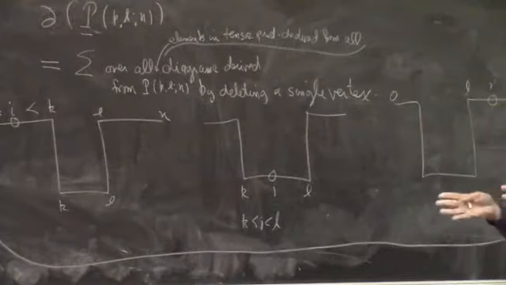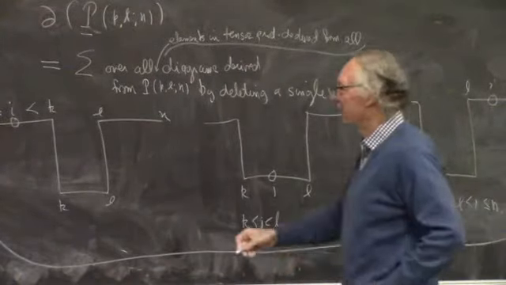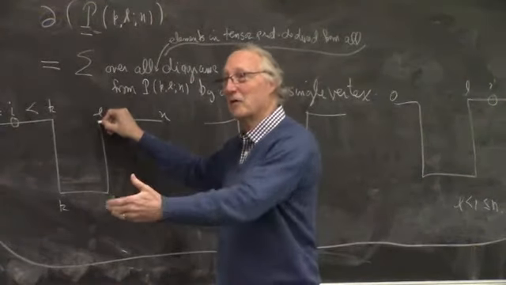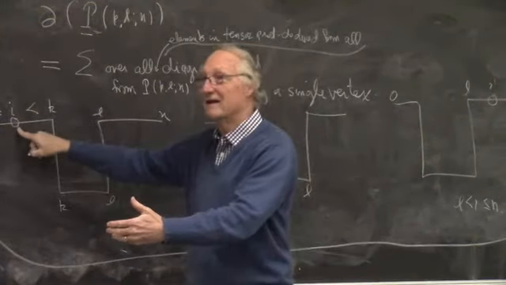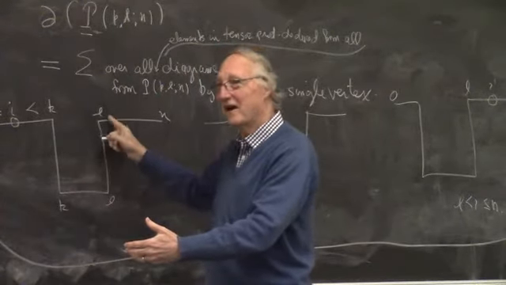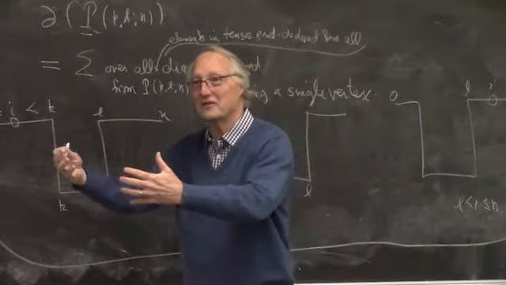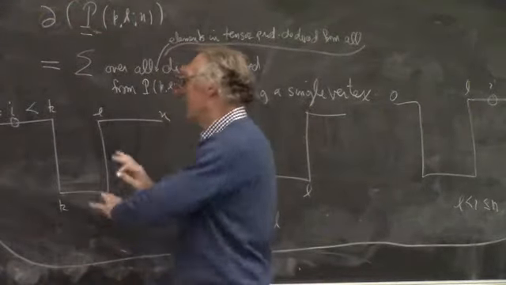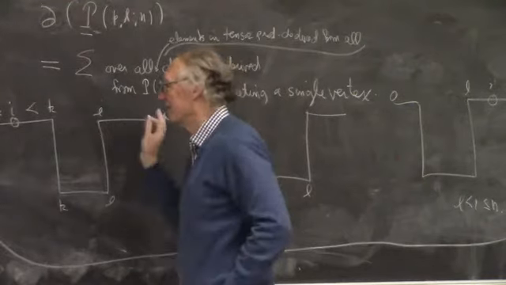Now, the labeling would be different. I call this K and L, but actually it comes from the boundary I, where this is k minus 1 and this is L minus 1, because of the way the face is included. But that doesn't matter. That's implicit in these diagrams.